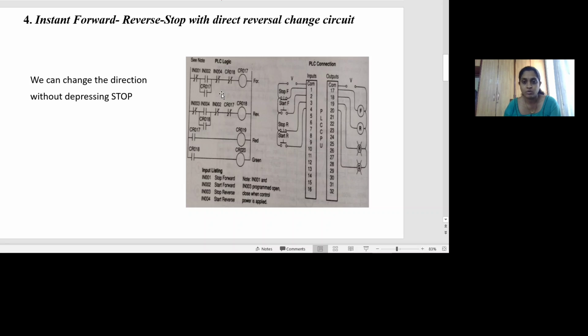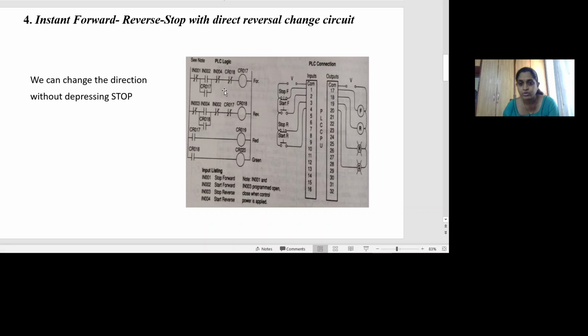A stop is operated only when finally you want to end the program. Otherwise, in between, to change the direction, I need not operate a stop switch. So this is the main difference between the previous example and this example. Now we'll see how this works.